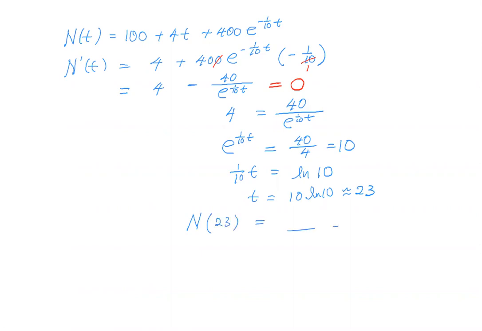So you draw the sign diagram. Put 23 here. Since it's minimum, this is minus, this is plus. So you got all the answer. So any question given to us, we must know how to operate both algebraically as well as using our GC.